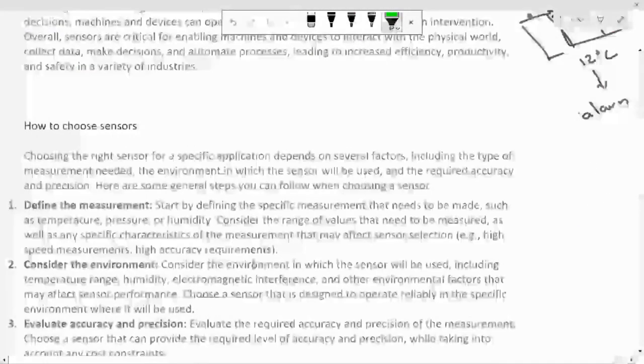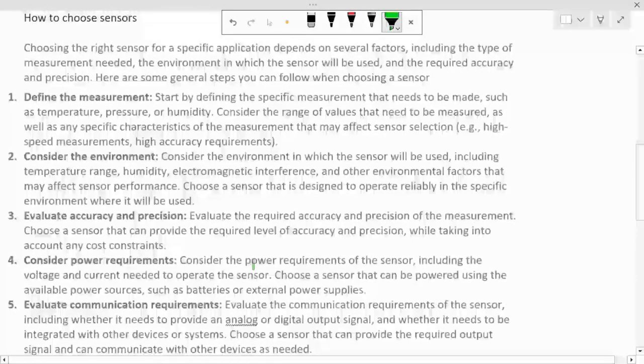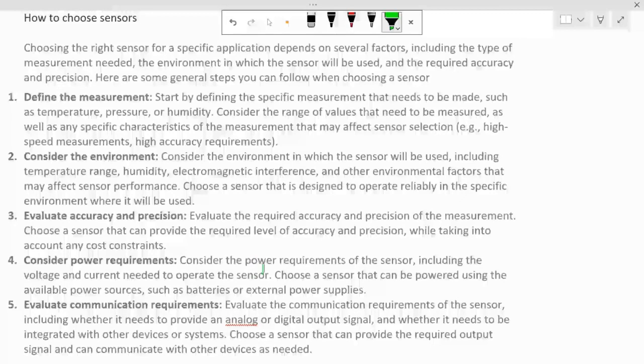So now we know why to use sensors. We saw so many advantages of sensors and so many applications. So now the question is how to choose a sensor. To choose the right type of sensor, or the correct sensor, it depends upon various factors, and this will vary from project to project.